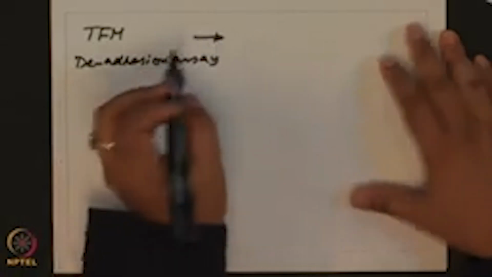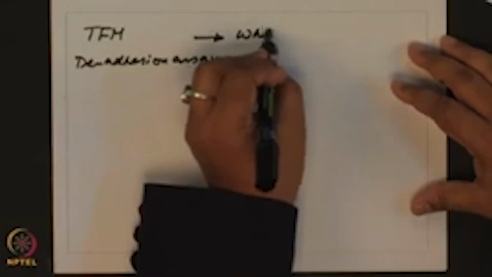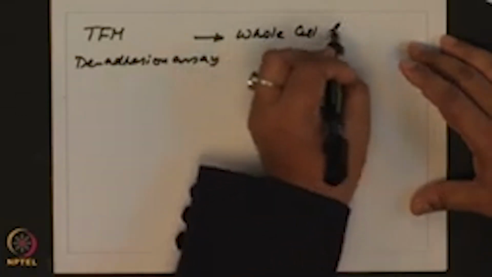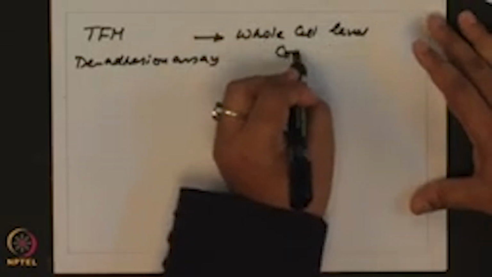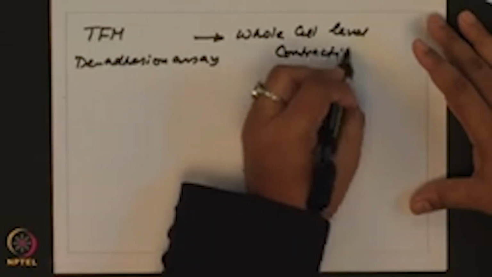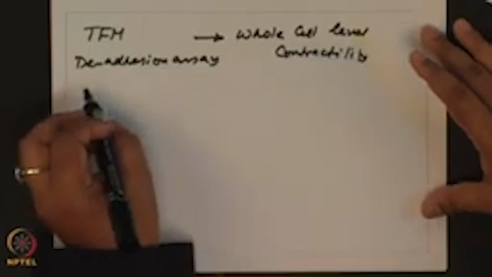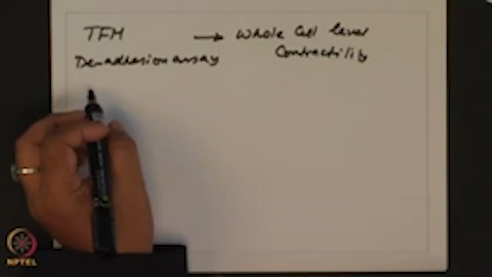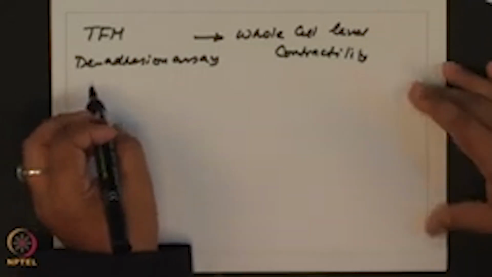So, both TFM and this de-addition assay estimate the whole cell level contractility. Is it possible to estimate the contractility in a single stress fiber?